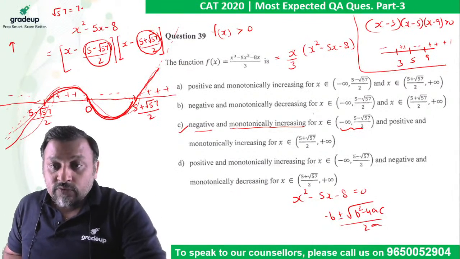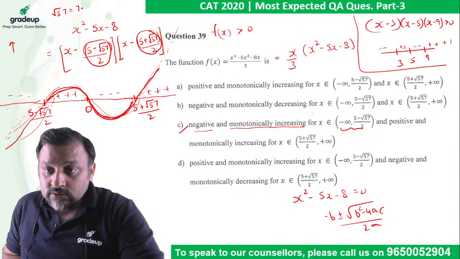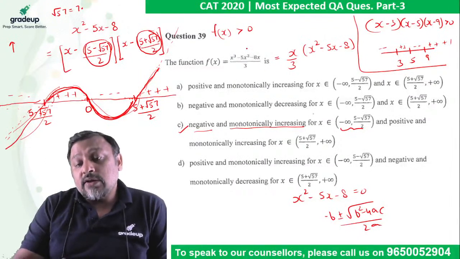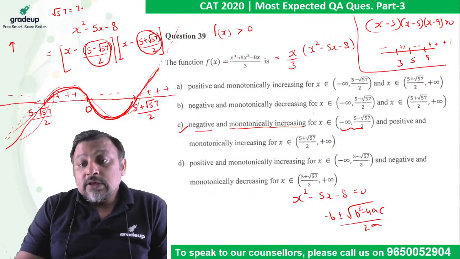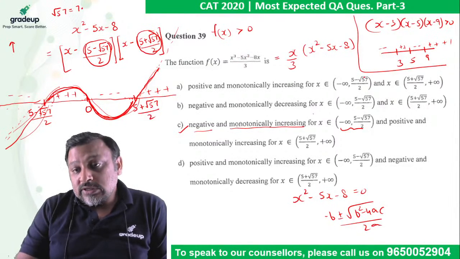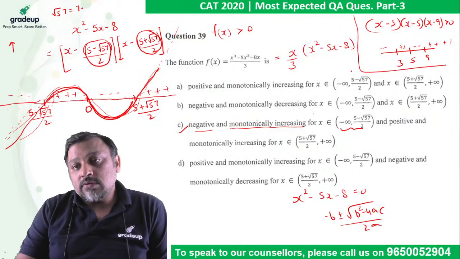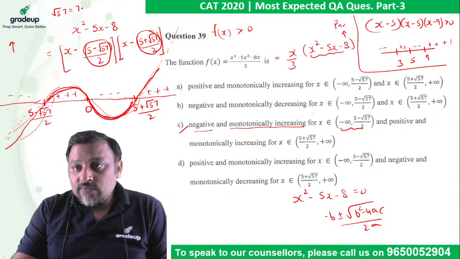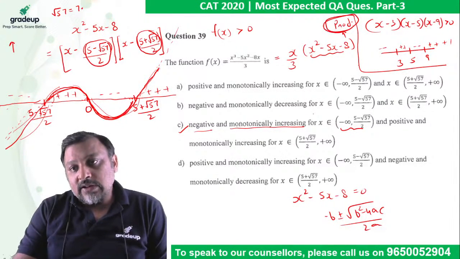Okay, so now let's move to the next question. Yes, you can do that, but the only thing you need to take care of, Deepika, is to check whether one root is less than 0 or not. Since here the product is negative, one root is positive and the other is negative.